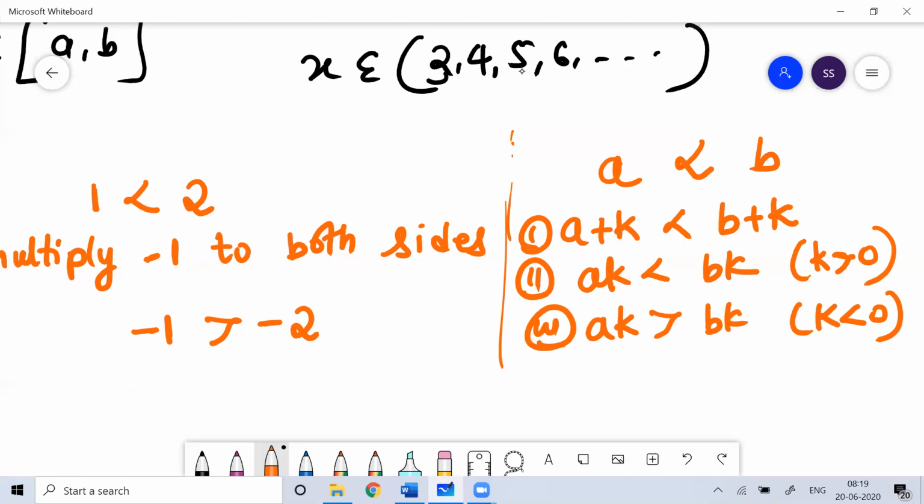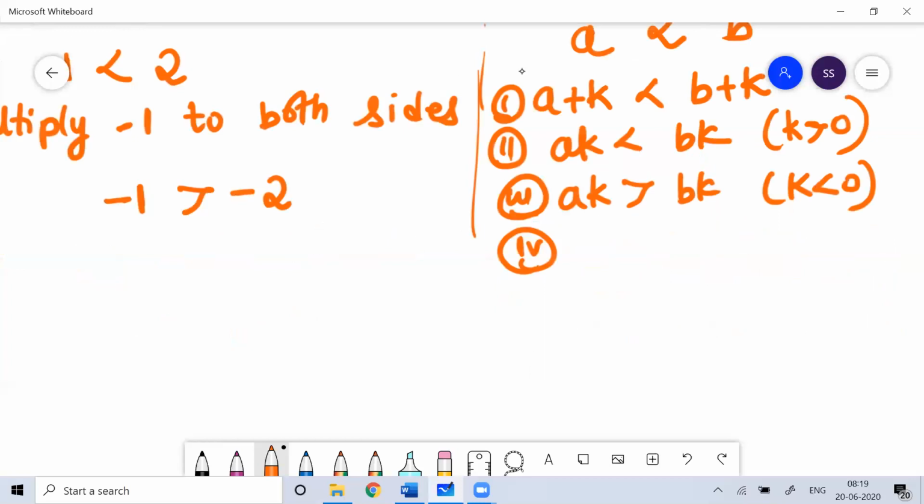But multiplying or dividing will affect the relationship if you do it with a negative value.